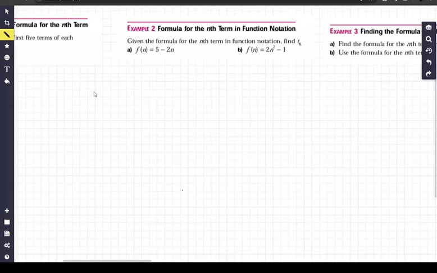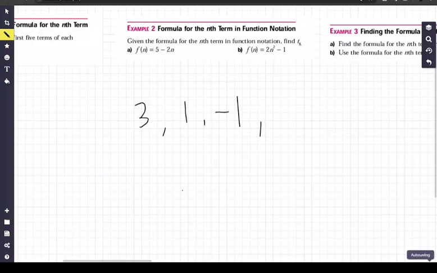Now we're going to use the formula for the nth term to find T8. First, let's write out a couple of terms. Fn equals 5 minus 2n. The first term equals 3. The second term is 5 minus 4, which is 1. The third term is 5 minus 6, negative 1.